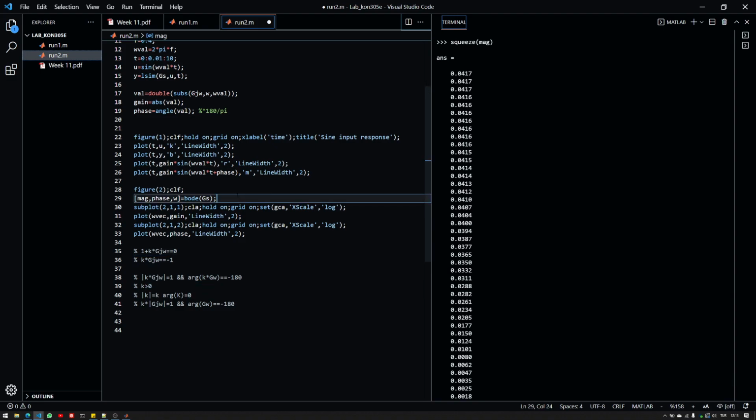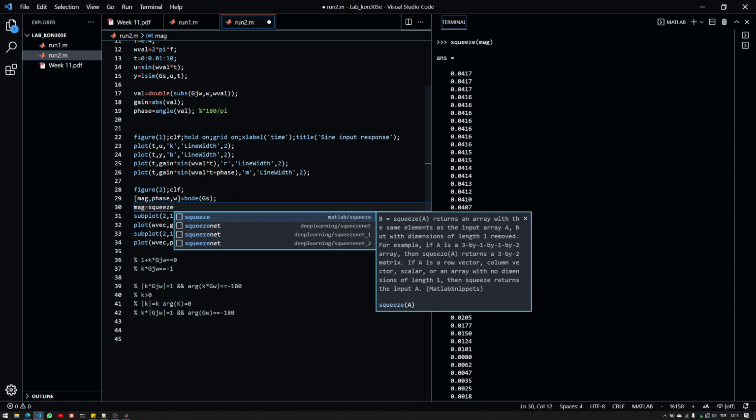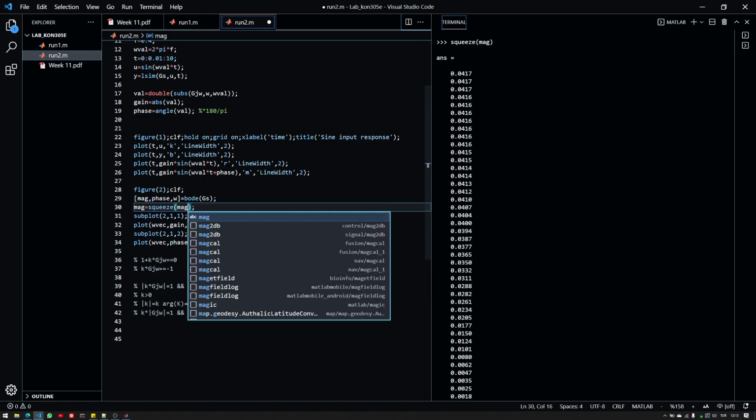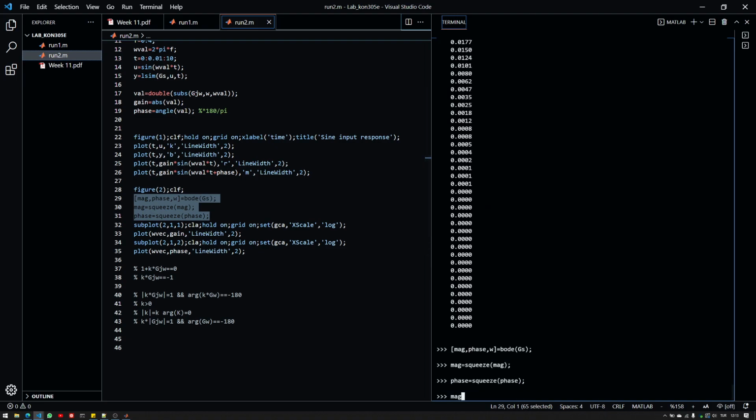So let's use squeeze, which documents basically the step here, which is therefore a bit better. So let's have this, and there we go. We should be good to go. Let's see. So magnitude, phase.